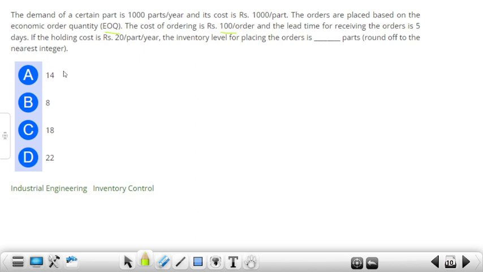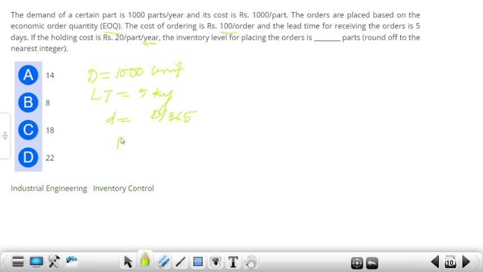So given data, demand is 1000 units and the lead time is 5 days. The rate of consumption D, we know, is demand divided by 365 days per year.